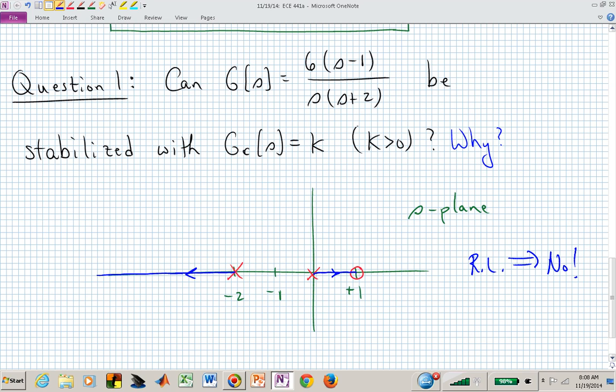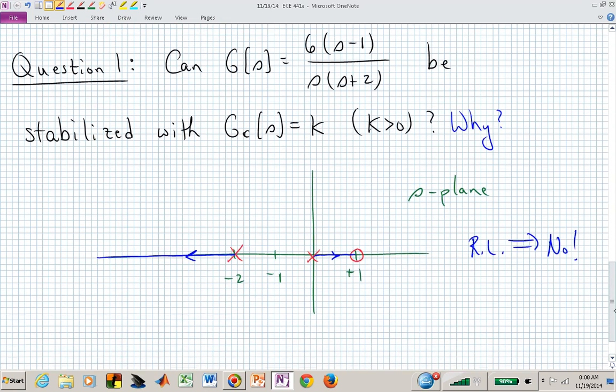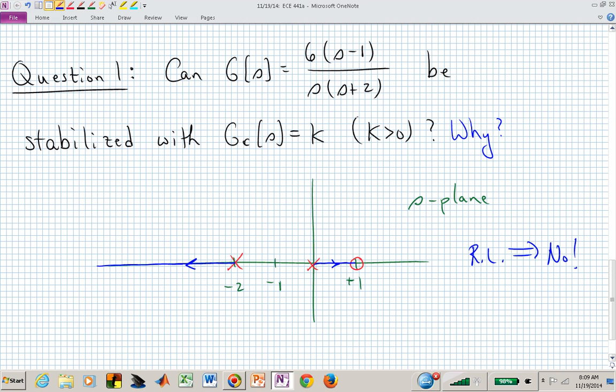Is that clear? That particular closed loop pole is stuck with a positive real part. If you simply, in our traditional feedback configuration with negative unity feedback, G sub C being a positive gain and G being this particular pattern of poles and zeros.